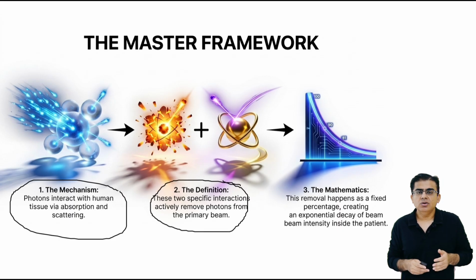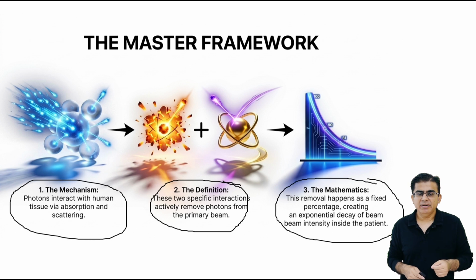Third, we have the core of mathematics. We learned that this removal does not happen by subtracting a fixed number. It happens by removing a fixed percentage of remaining photons, just like a strict tax rate over a fixed distance. This specific percentage removal creates a continuous exponential decay of the beam intensity inside the patient.